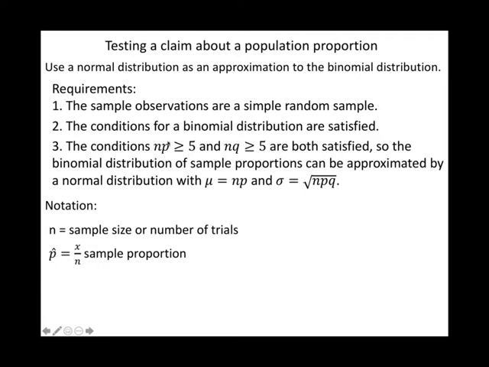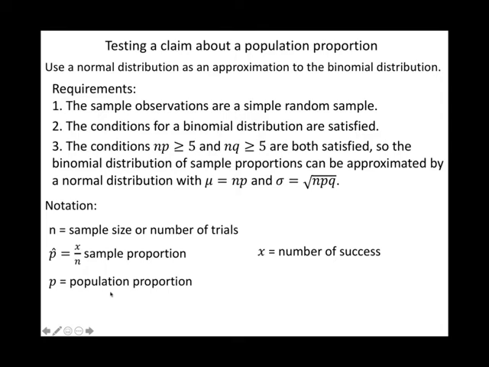Sometimes the sample proportion is given, but sometimes you need to use the formula to figure it out, and that is x over n. The x is the number of successes. So the number of successes divided by the sample size is the sample proportion.